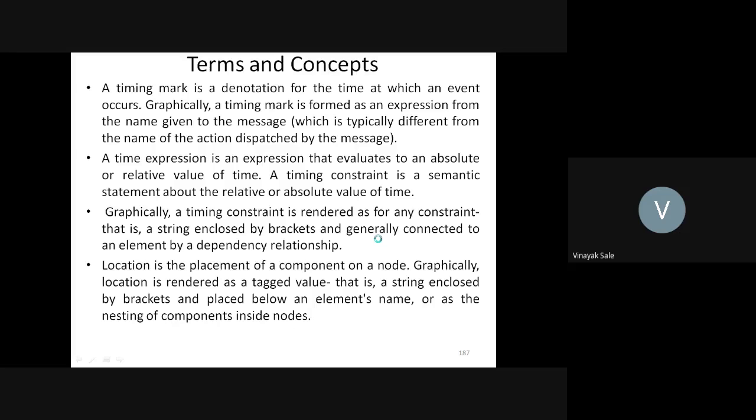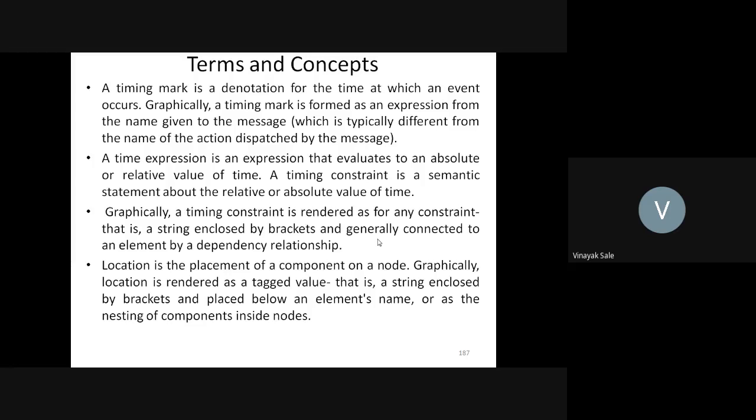Next, what are the terms and concepts regarding time and space? A timing mark is a denotation for the time at which an event occurs. Graphically, a timing mark is formed as an expression naming the message. A time expression is an expression that evaluates to an absolute or relative value of time. A timing constraint is a semantic statement about the relative or absolute value of time.